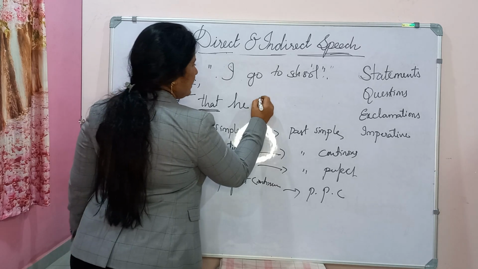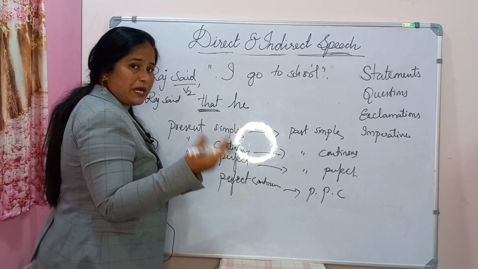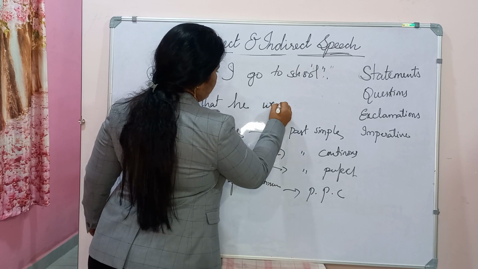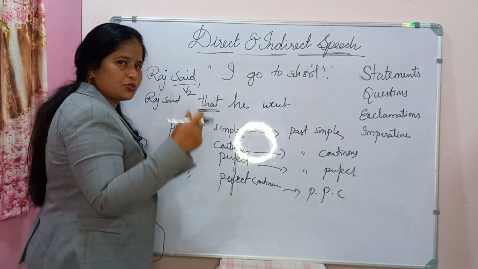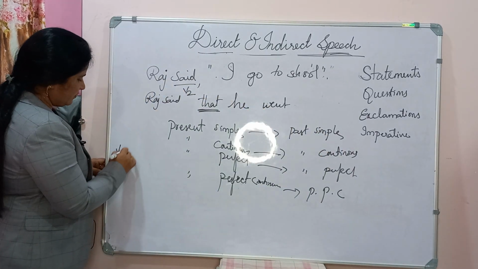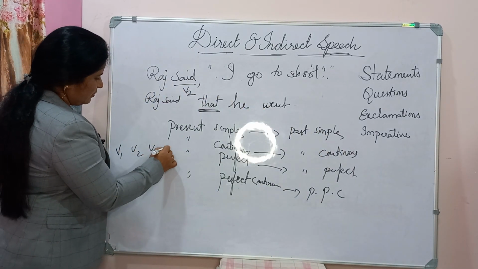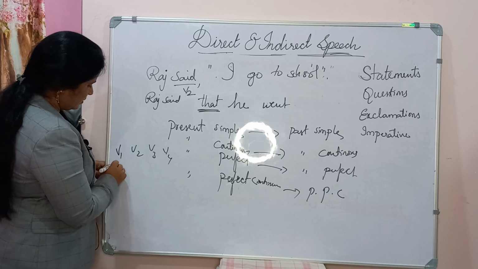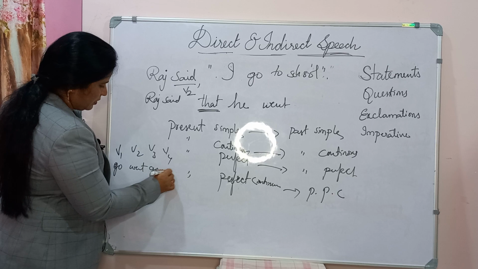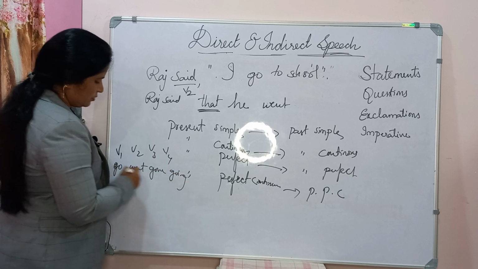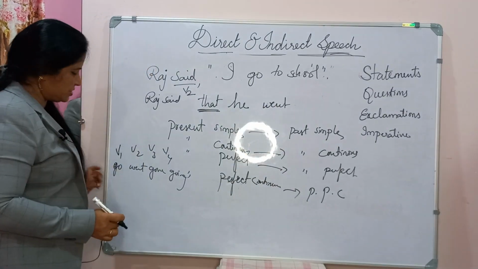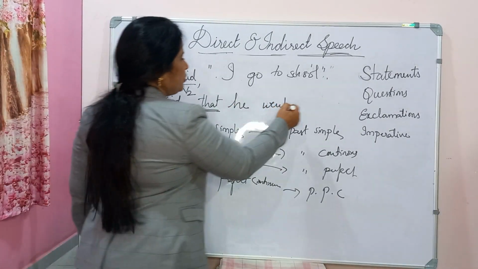Raju said that he go, what is the past form of go? He went. The past form of go is go, went, gone. Hope you remember the V1, V2, V3, V4 forms: go, went, gone and going. Go is verb 1, which should change into the past tense, went. So he went to school.